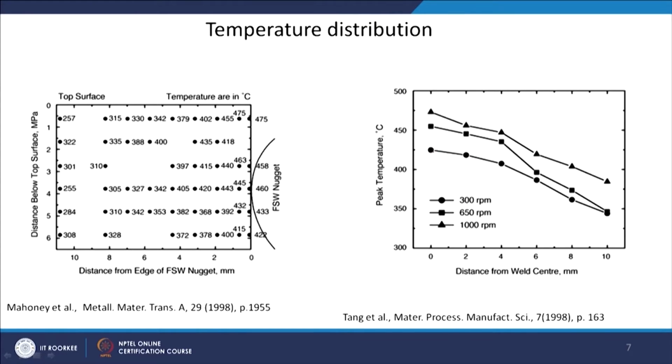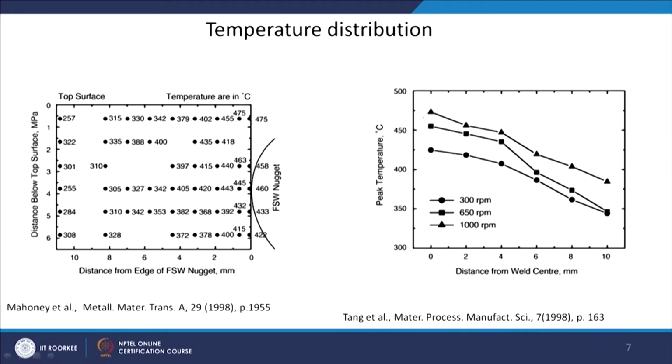In 300 RPM, which is shown by these circles, the temperature attained is around 425 degrees Celsius, and as you are going away from the center line, in the nugget zone it is around 425, and at a distance of let us say 10 mm, the temperature is around 340 or 330 degrees Celsius. So, almost 100 degrees Celsius difference is there.